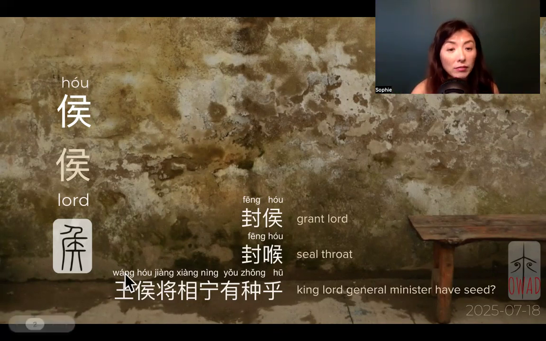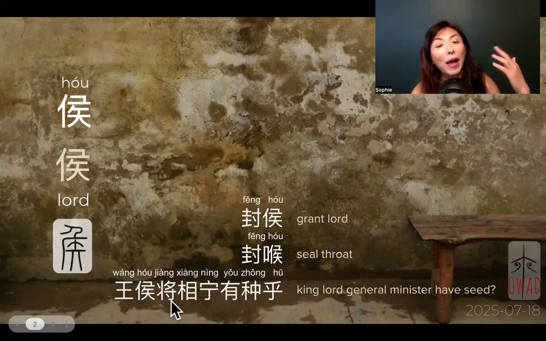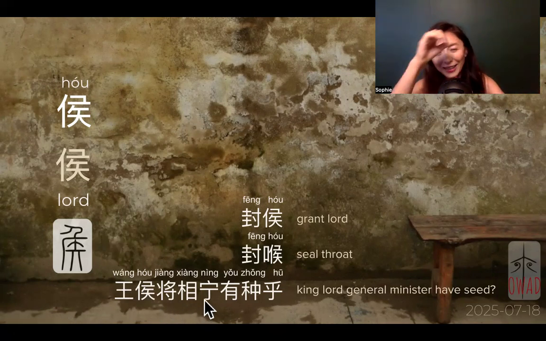And that's Wang. And then we have Hou, today's lordship, right? So it's also, I guess, from the same bloodline, but deprived of the political power. That's Hou. And then we have Jiang Xiang, I'm going to introduce in later days.